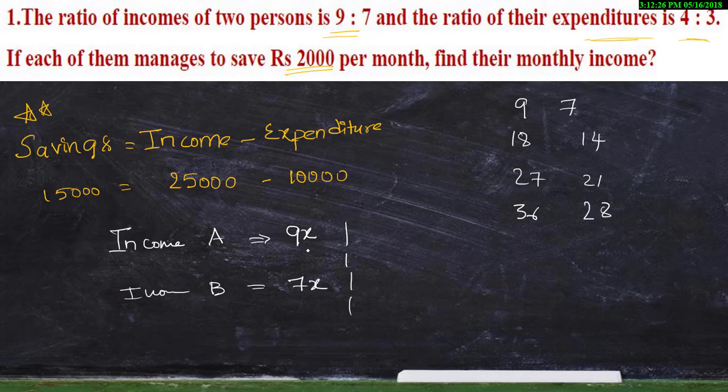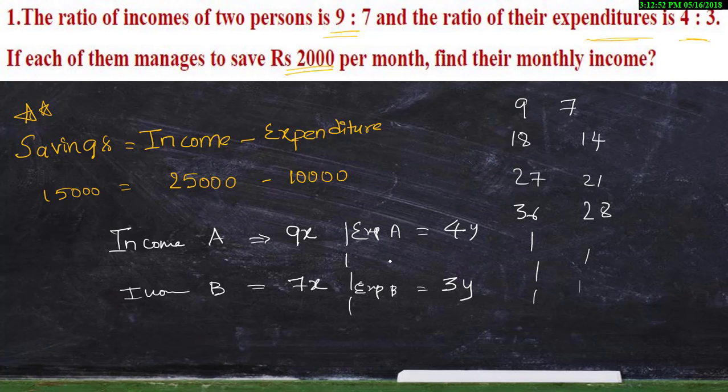So 9x means it may be 9, 18, 27, 36, 45 and so on. We assume some variable x. Similarly, assume one more variable for expenditure. Expenditure of A is in the ratio of 4:3, so we'll assume 4y. Similarly, expenditure of B is 3y.